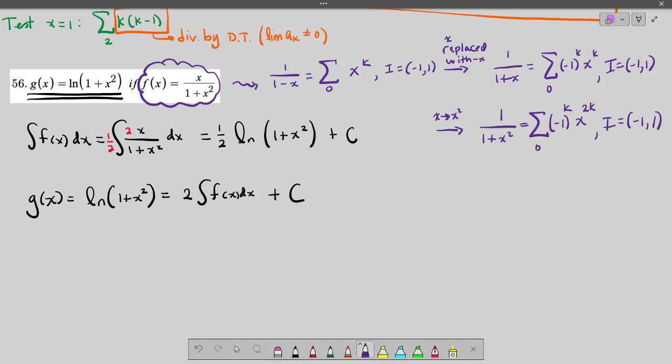And our last step is that we want to have an x in the numerator, so we take our power series and multiply by x to the 1. So here we're going to multiply by x. So now we're going to have the power series for f.